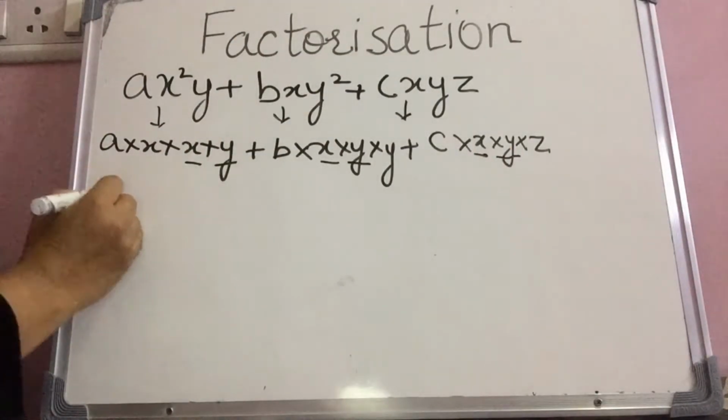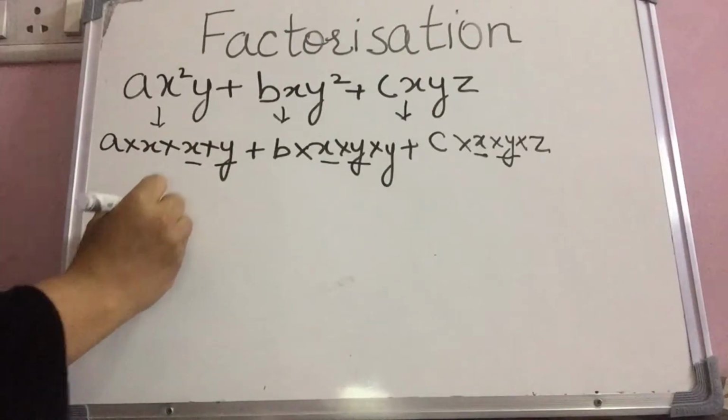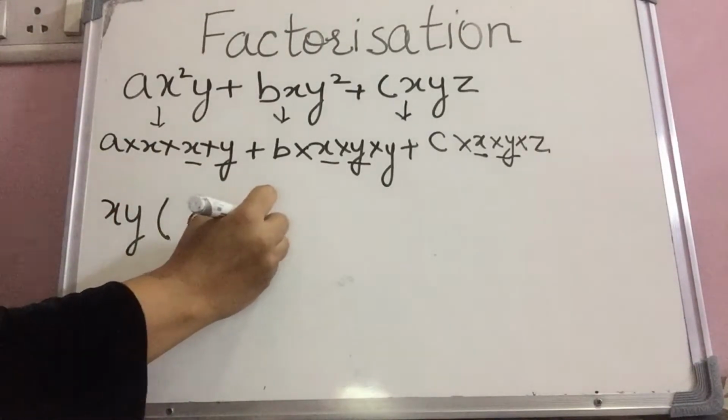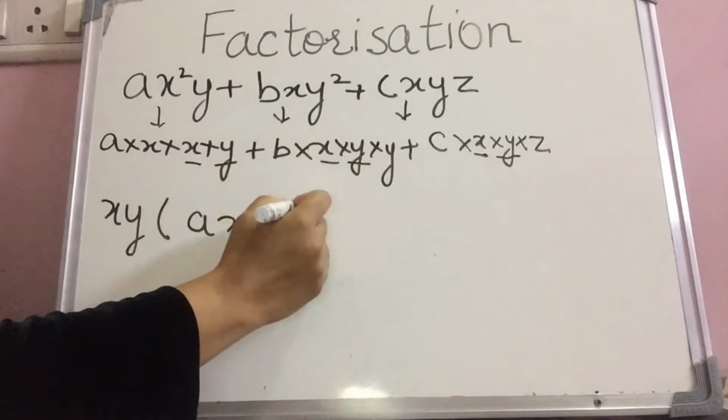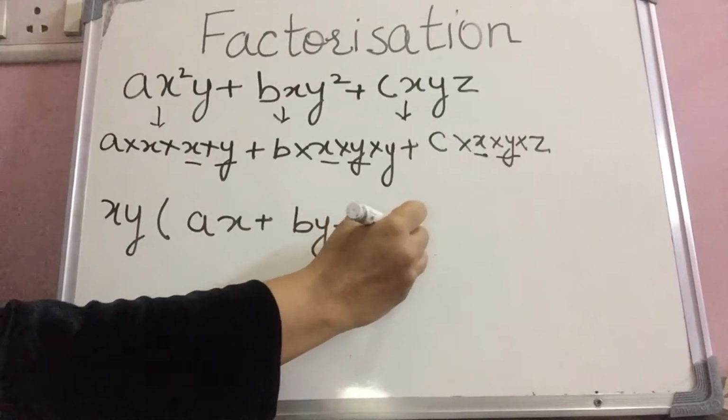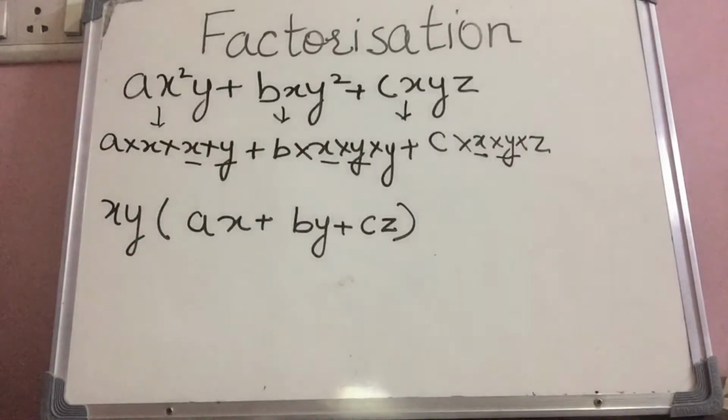So we'll write xy here, and in the bracket what is left: ax plus by plus cz. So this will be the answer. When we factorize this, we get this as the answer.